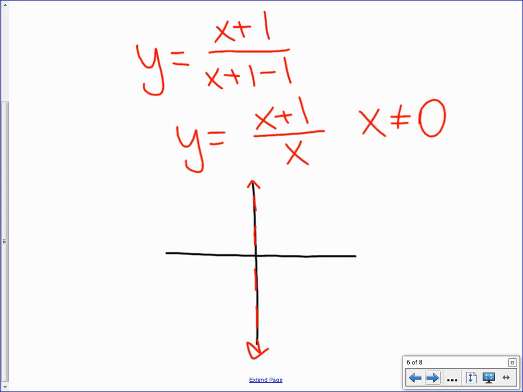Why -1? If our numerator is 0, that means our fraction would be 0. And that would mean y is 0. And so we would actually have a coordinate there. So we actually have a coordinate at -1.